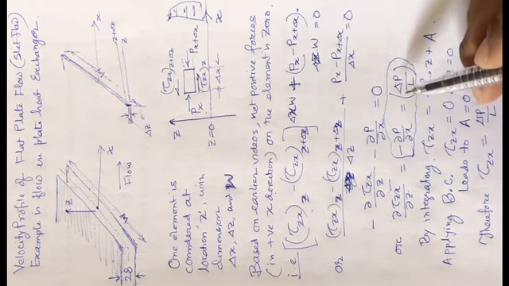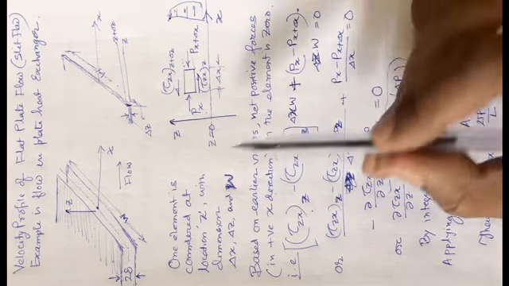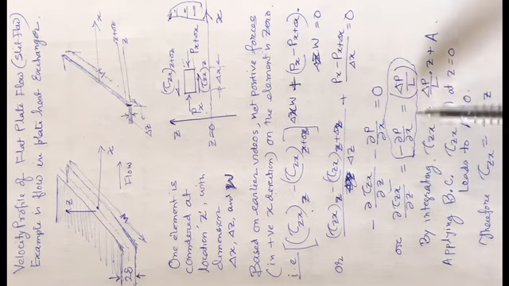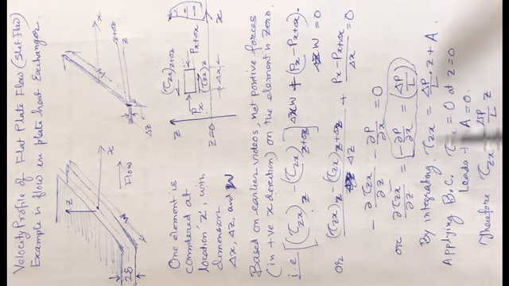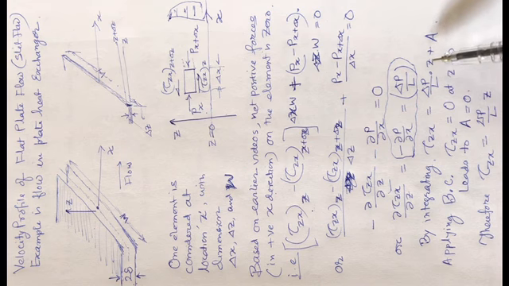We sum it up as delta p by L. Since these are constant terms, we write it simply as delta p by L. Now we can integrate by separating the variables. Then we get tau zx is equal to delta p by L into z plus A.